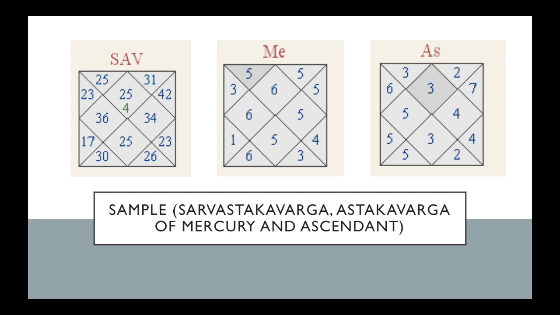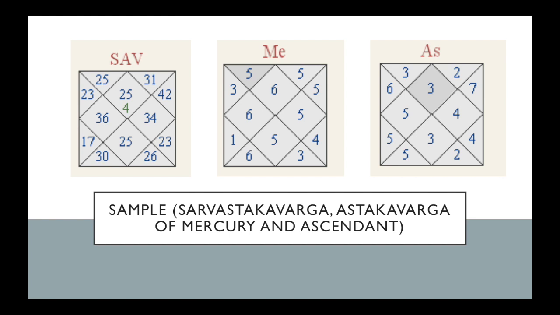Similarly, there is a Vinastakavarga for the other 6 planets as well: the Sun, the Moon, Mars, Jupiter, Venus, Saturn. So 6 Vinastakavarga of these 6 planets, plus the Vinastakavarga of Mercury and of the ascendant. These 8 Vinastakavarga are called Astakavarga.